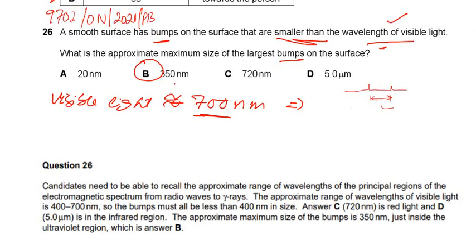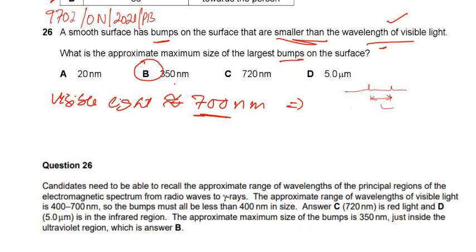And the question says the wavelength should be smaller than the visible light. So option C is incorrect. Now, if you look at the 5 micrometer, its wavelength is larger than the visible light, which is the opposite of the question.